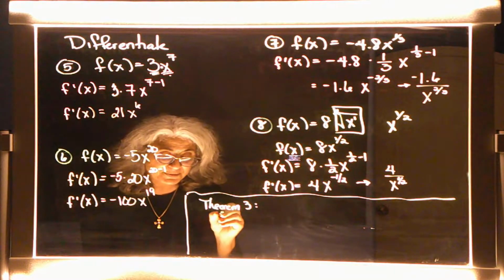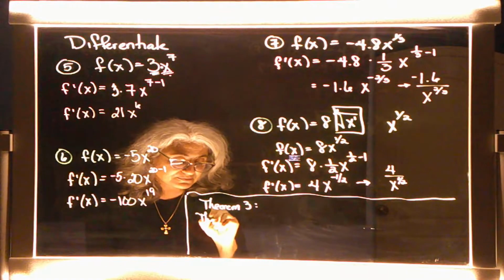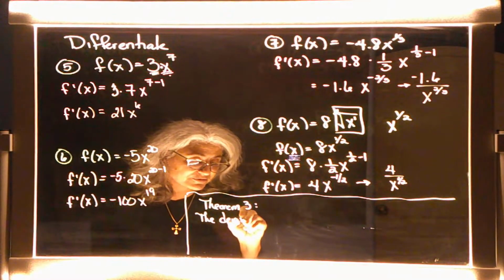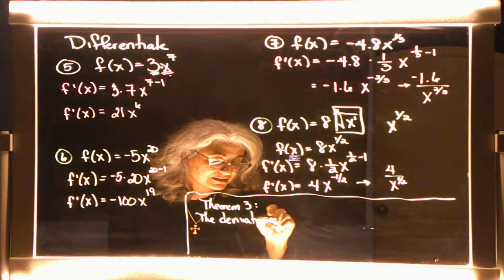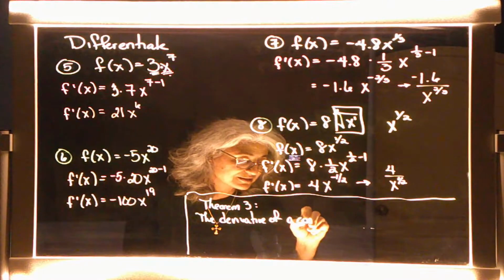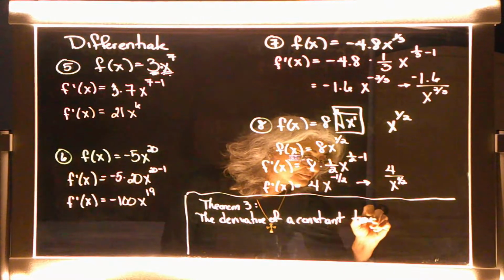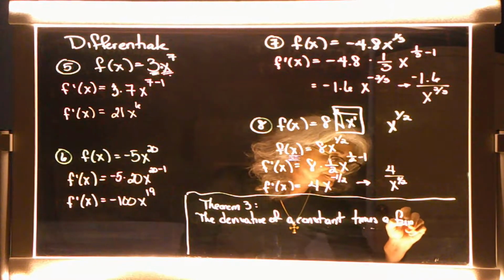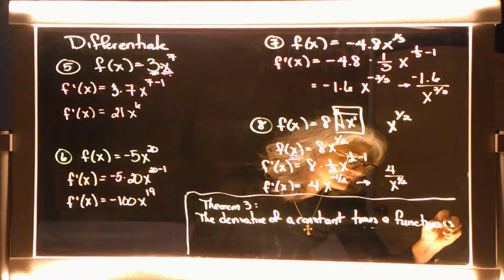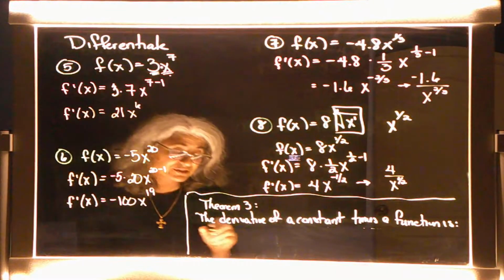So theorem 3 basically says the derivative of a constant times a function is, here's what it looks like.